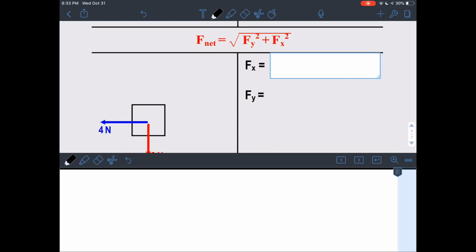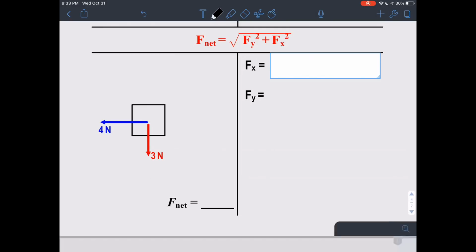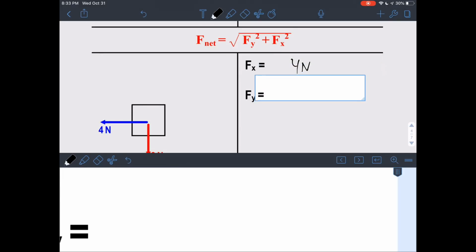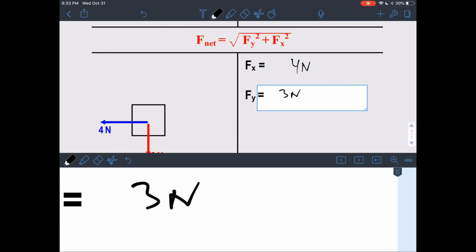All right, so in this case we have 4 newtons to the left, and then we've got our 3 newtons down. So our Fx is going to be 4 newtons to the left. Our Fy is going to be 3 newtons down.